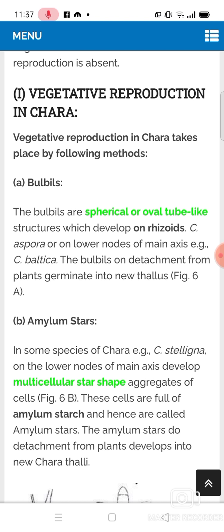So bulbils are structures that behave like potato tubers. This is very easy to understand if you imagine potato tubers in your mind.